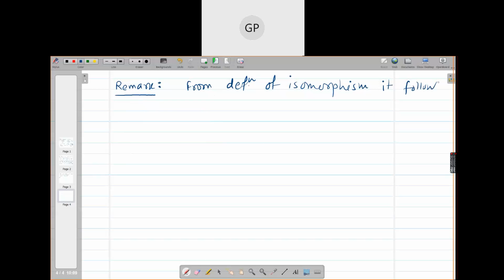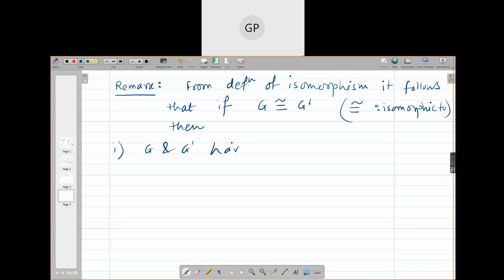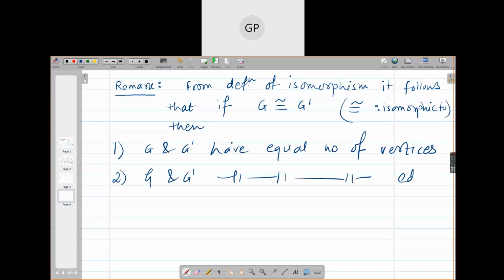It follows that if G is isomorphic with G dash, this is the notation we use, G is isomorphic to G dash, this is the isomorphic-to symbol, or G and G dash are isomorphic, then first, G and G dash have an equal number of vertices, and G and G dash have an equal number of edges.